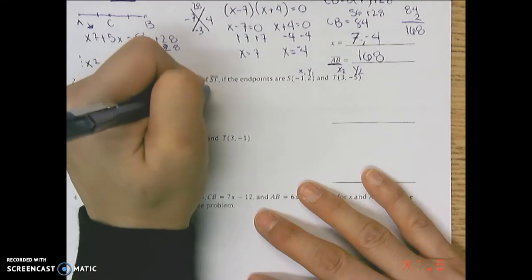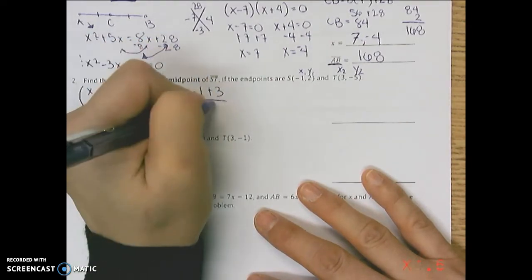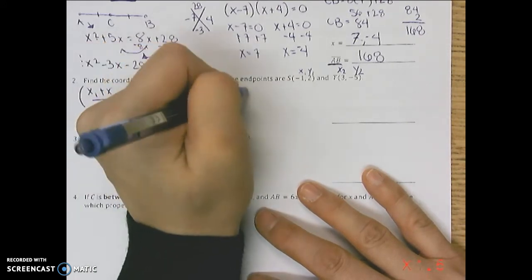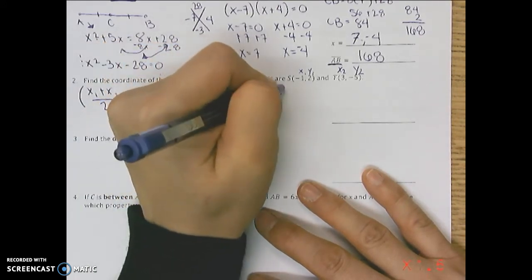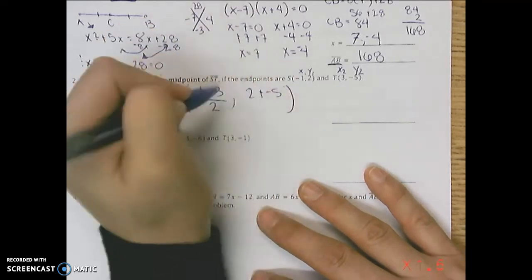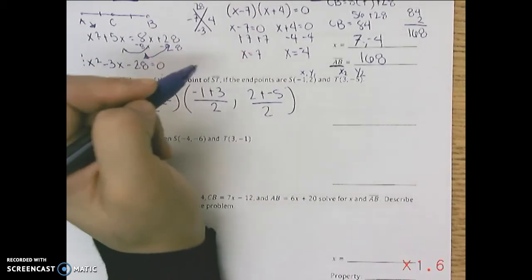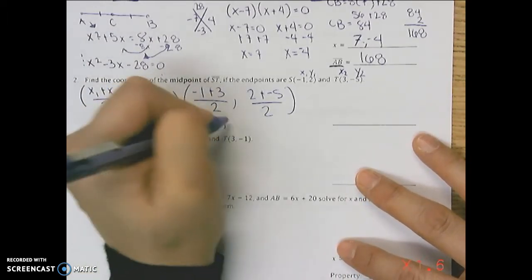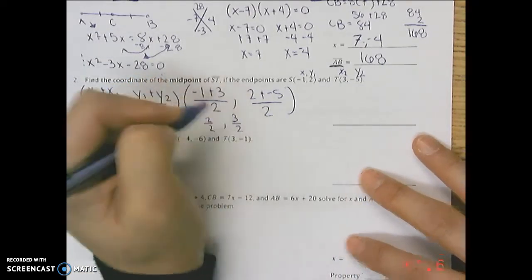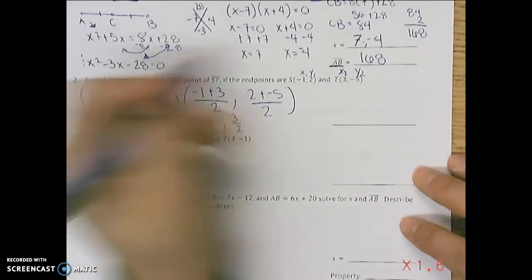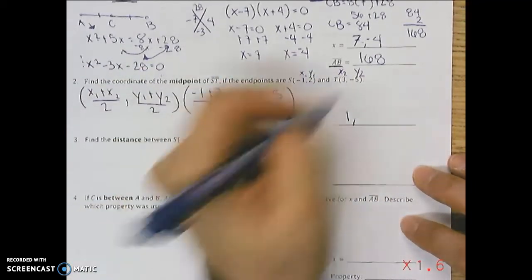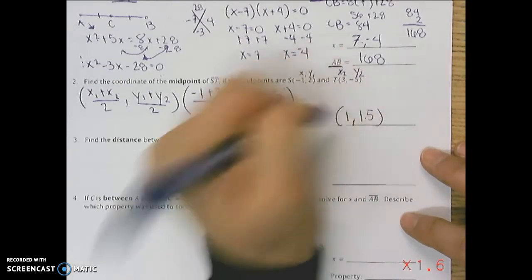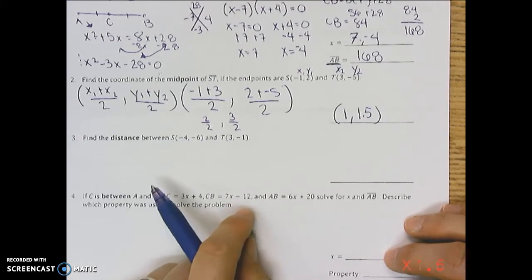So negative 1 plus 3 divided by 2, and 2 plus negative 5 divided by 2. I will get 2 over 2 and negative 3 over 2, which is 1 and negative 1.5. So that is the midpoint.